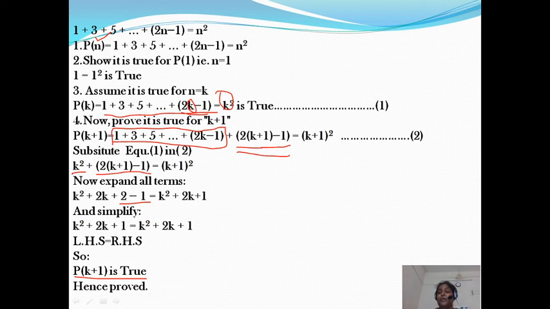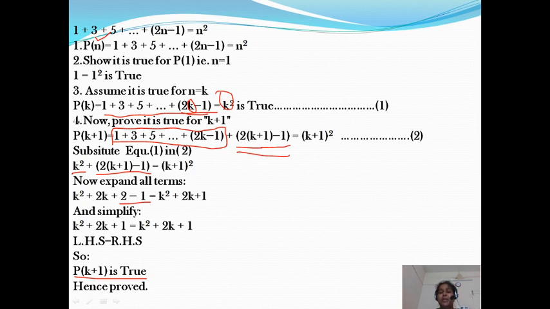Either it will be a problem or a theoretical question. Problem will be like this: expressions or equations will be given, and you must prove LHS equal to RHS. The theoretical concept is very important. Alternate years, theory is asked one year, and the problem the next year, so you must be prepared for both.